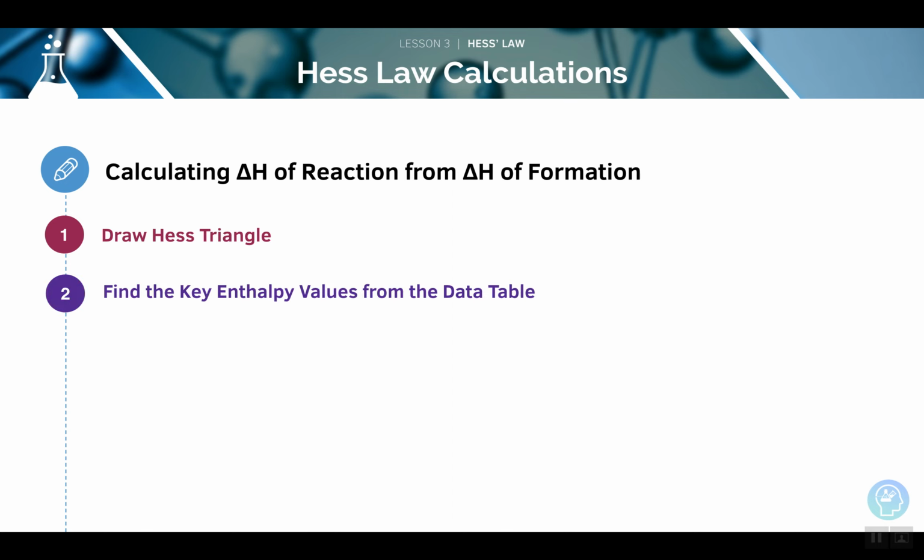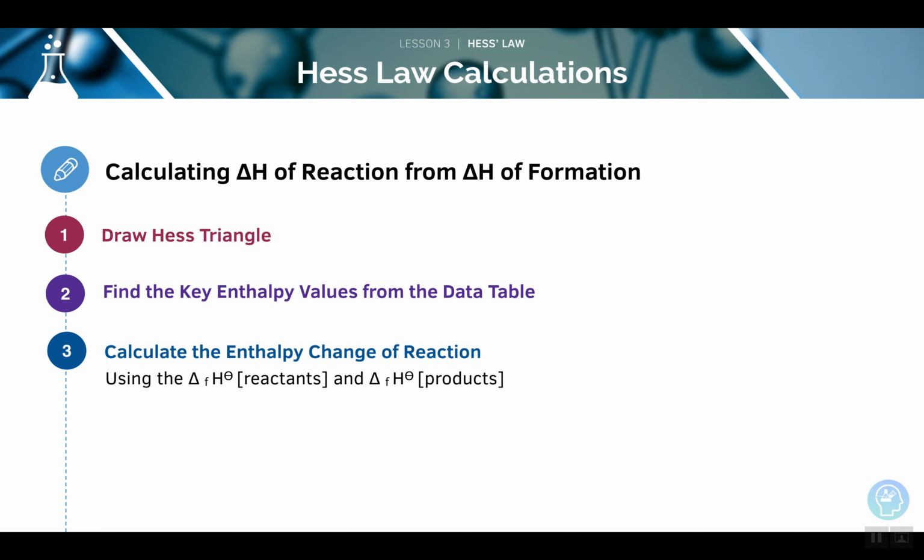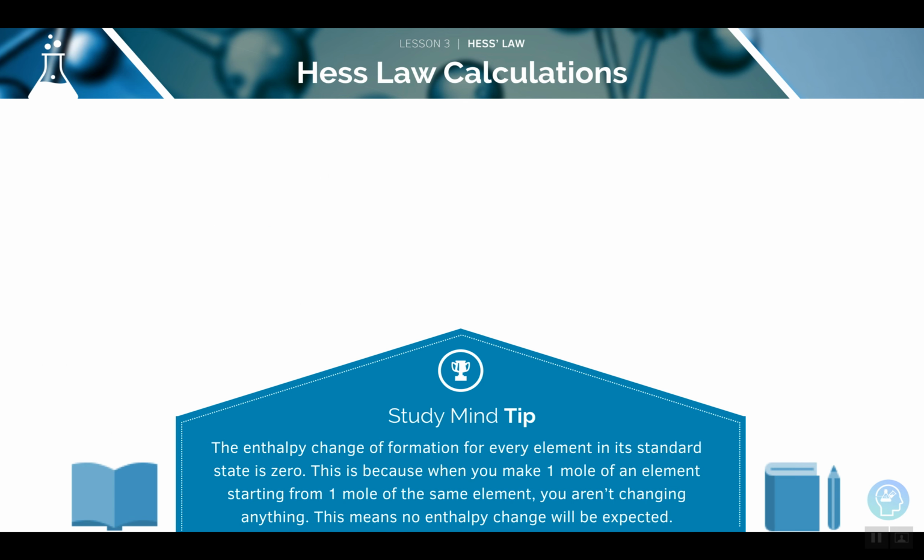Next, we need to find the key enthalpy values given in the data table. And then we can calculate the enthalpy change of the reaction. We can do this by using the enthalpy of formation of the products and the reactants. If an element is in its standard state, its enthalpy of formation will be 0.